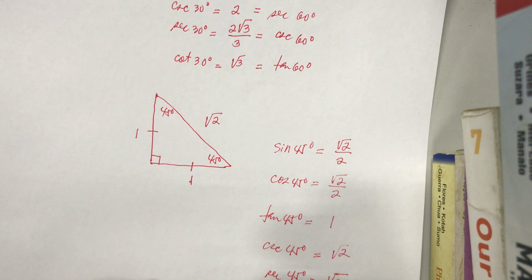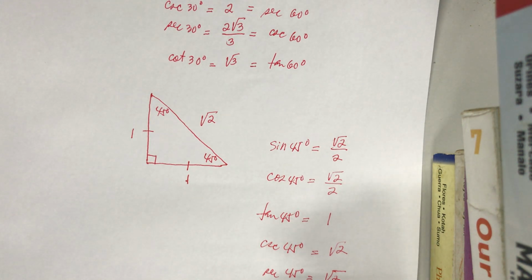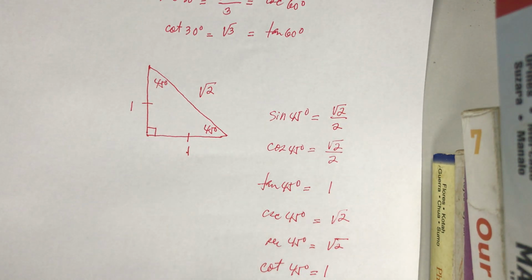Cotangent is also the co-function of tangent. Tangent 45 degrees is equal to cotangent 45 degrees. So these are the values of the 6 trigonometric functions for 30 degrees, 60 degrees, and 45 degrees.